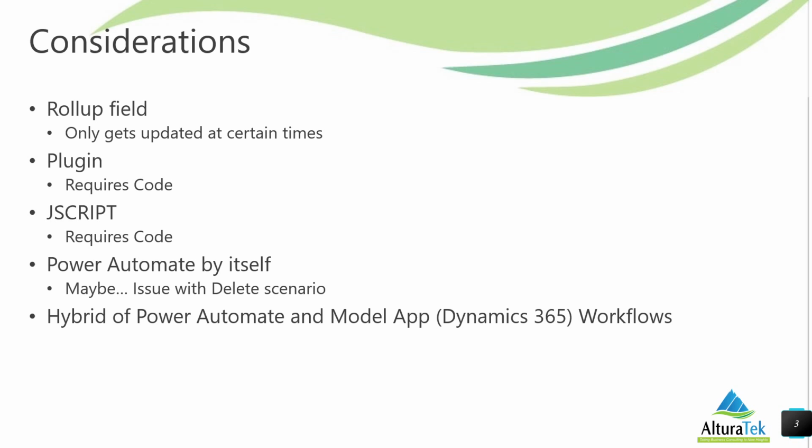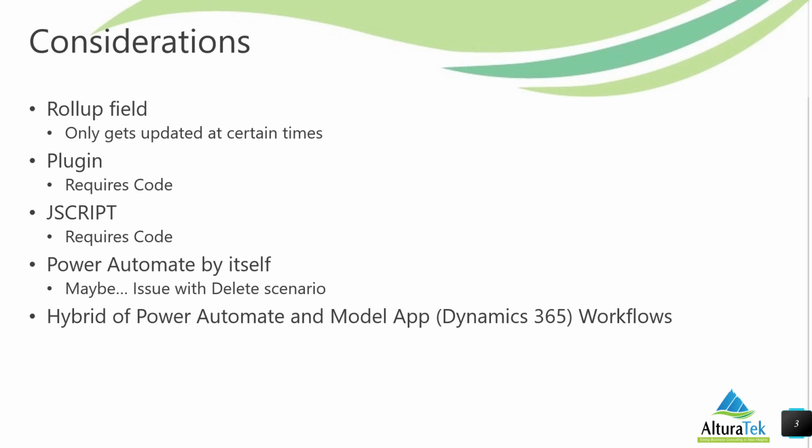And again, there are certain limitations with using roll-up fields, etc. Plugins or JScripting, again, that would be an issue because that would require code, and we want to basically keep it to low code or no code.